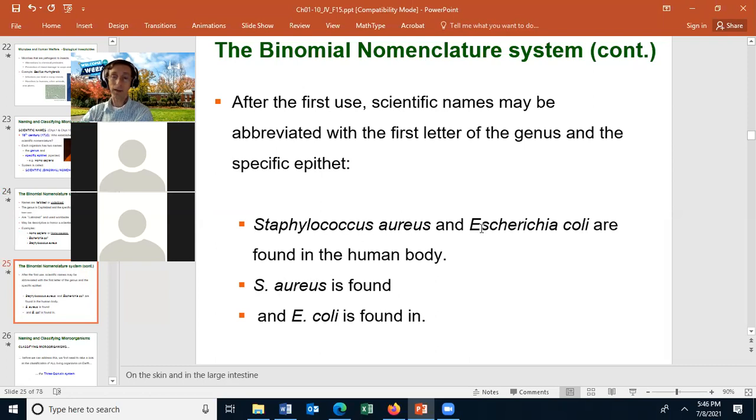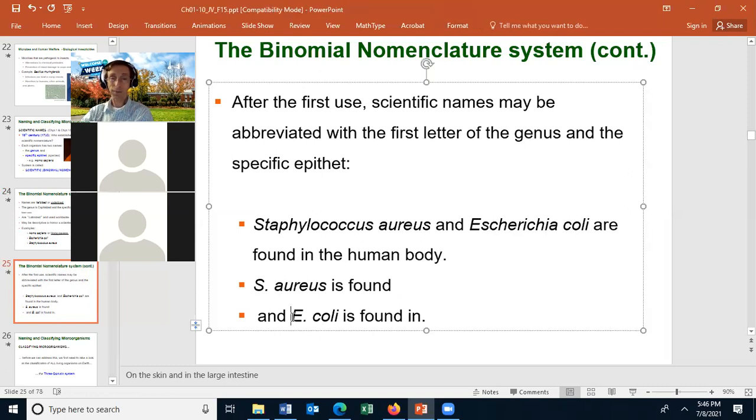And then let me mention that Escherichia coli should be treated the same, but this one is so common that even scientists tend to call it E. coli. Because when we say E. coli, we know what we're talking about. And this one is so common that, well, frankly, it is used a lot more than Escherichia coli.